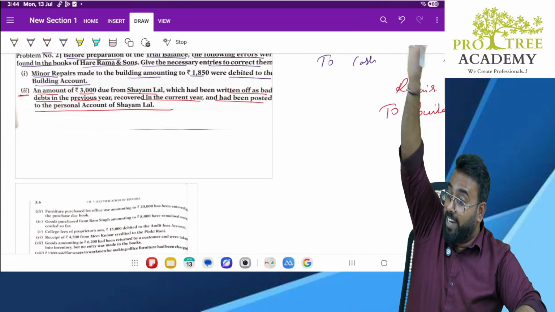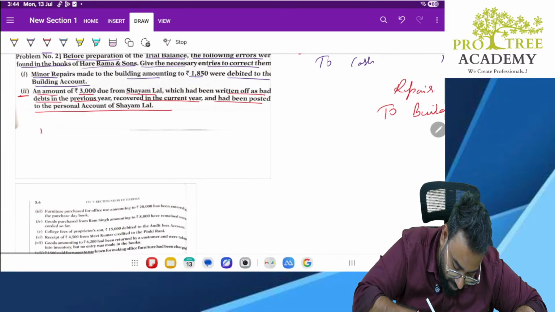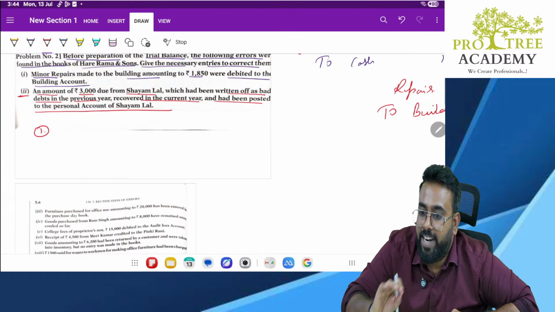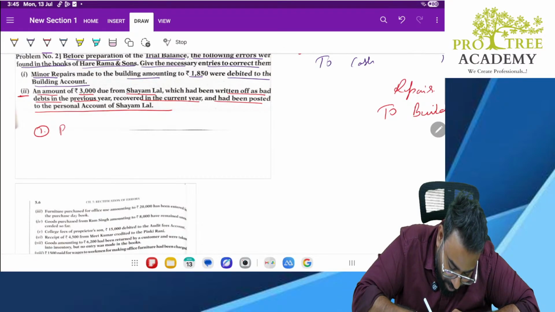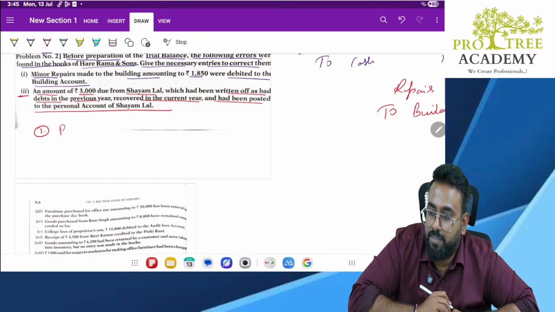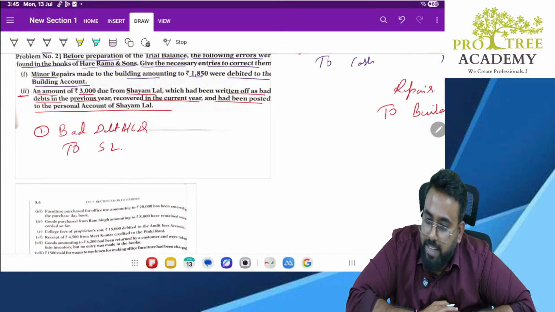First, when the bad debt happened, what is the entry we might have recorded? Tell me the entry. Bad debt account debit to Shamlal. Correct? Let's record this. Bad debt account debit to Shamlal.